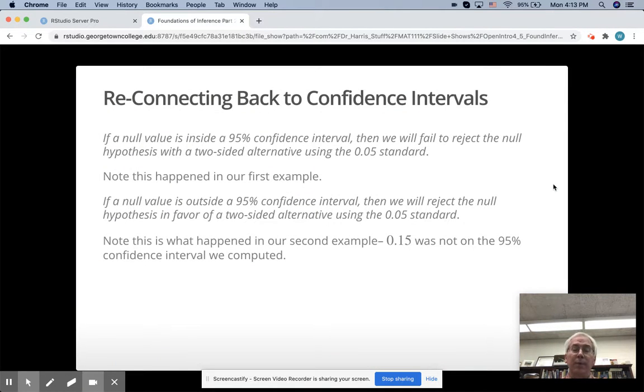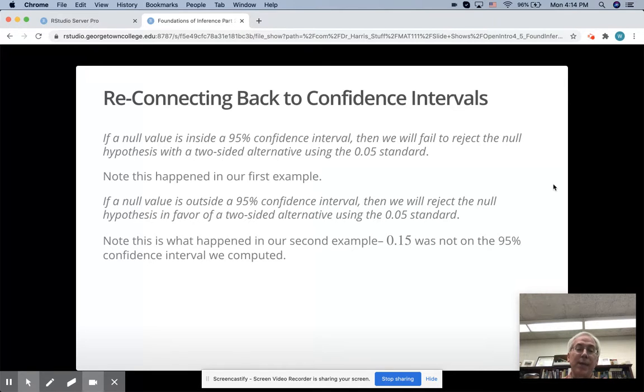Okay, so before I say a little bit more about this 0.05 bit, let's reconnect with the confidence interval idea. We've done this problem two different ways, using confidence intervals and using p-values, and let's notice that they agree. In the first case, when our null value was 0.18, 0.18 was in the confidence interval, and we failed to reject the null hypothesis because the p-value was bigger than 0.05.